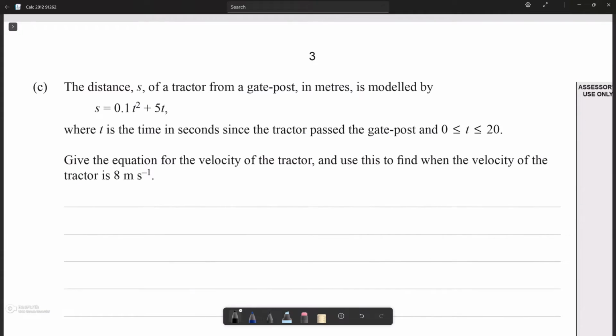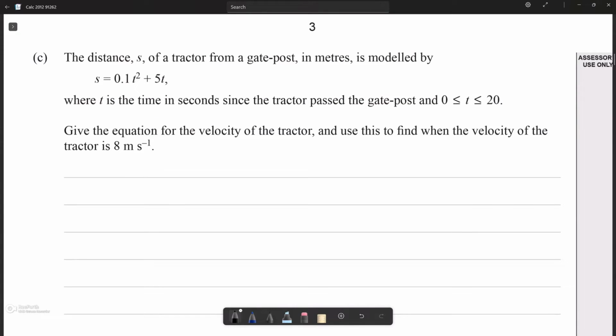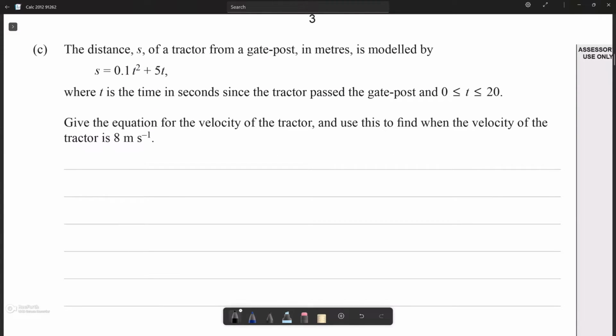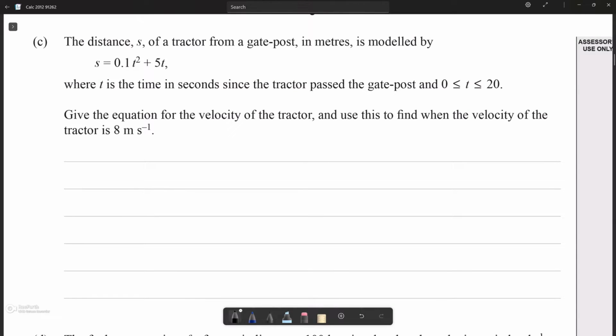Alright, moving on. The distance s of a tractor from a gate post in meters is modeled by... what is the time on this interval. So the velocity is equal to ds over dt.